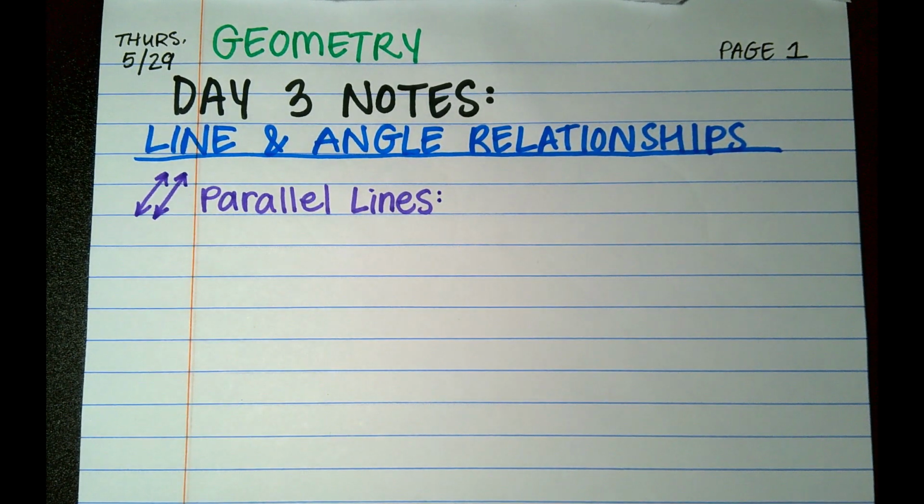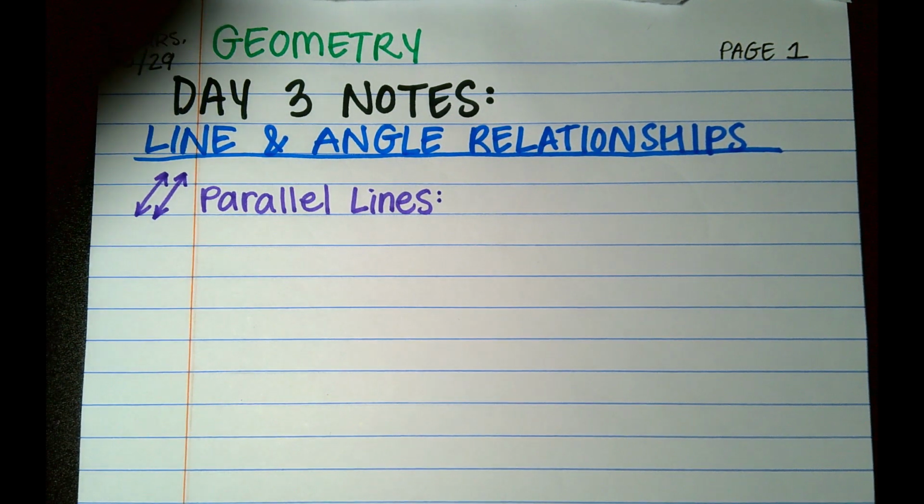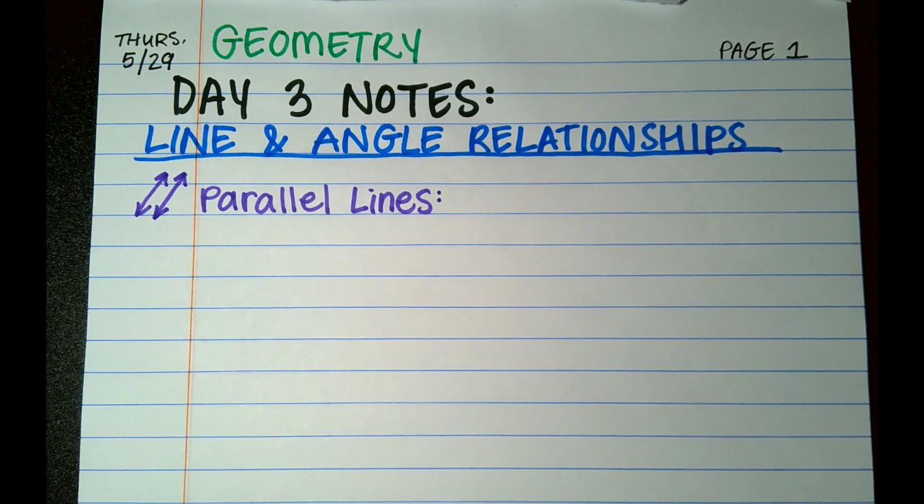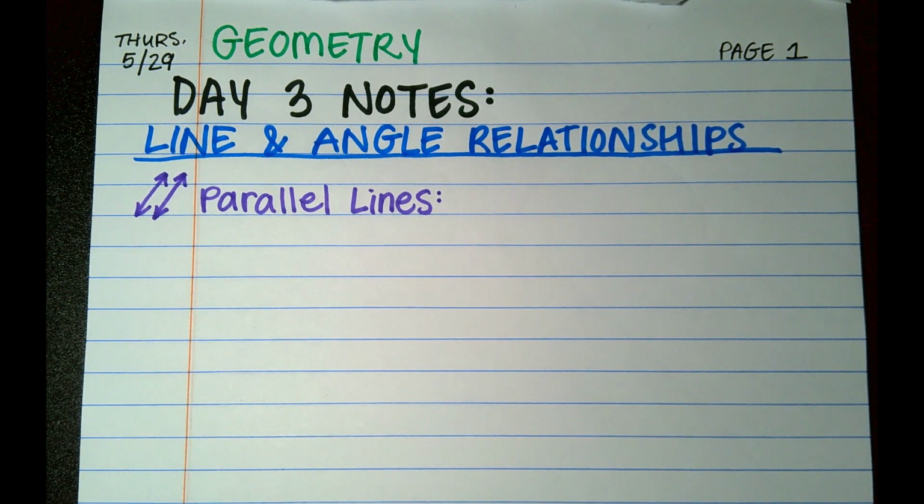Have any of you ever heard the word parallel? Yep, I bet a lot of you have. Do any of you know what parallel lines are? Two lines that run along together. Yes. Two lines that run side by side that never touch each other. They always go in that same direction. They never cross paths. So I'm going to write a little definition here.